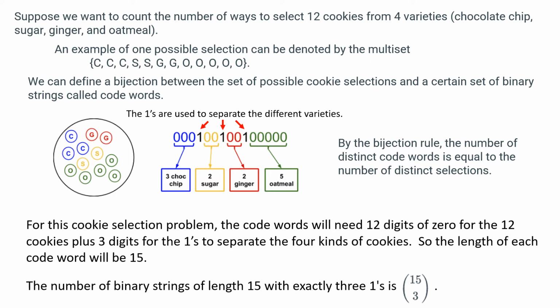It's that number down below, because we had to have that many slots to separate the varieties. So we got the 15 by taking the 12 plus 1 less than the number of varieties. So 12 plus 3 gave us the 15.